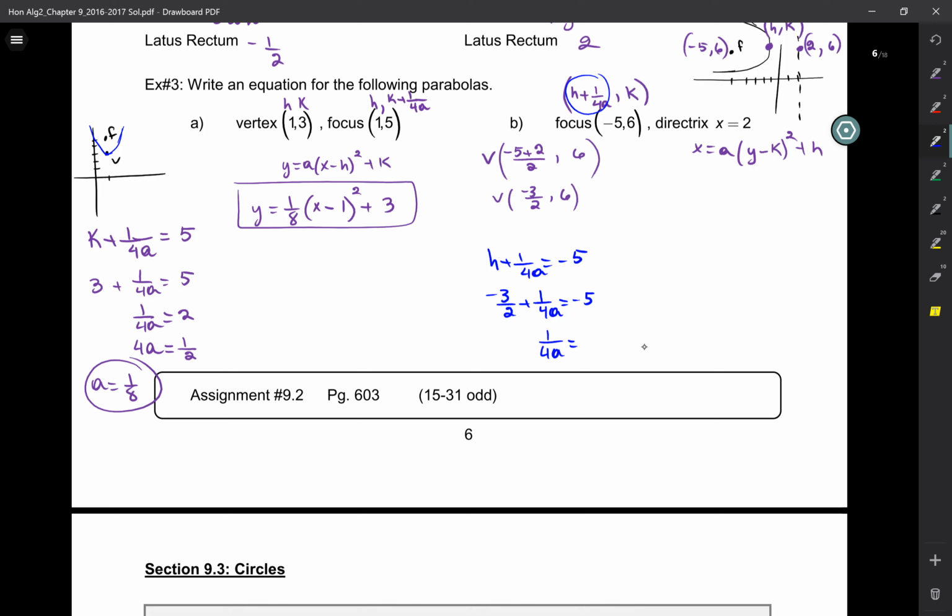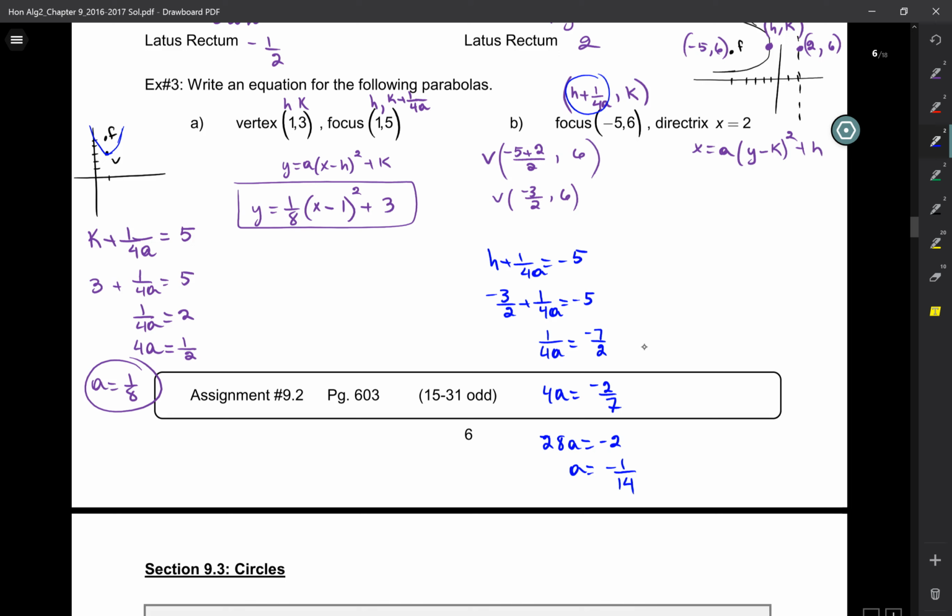How much is that? Is that negative 3.5? Is that right? Negative 5 plus 1.5 is negative 3.5, so negative 7 over 2. Okay, now, if 1 over 4a is negative 7 over 2, then what's 4a? If you flip the fraction, then 4a is negative 2 over 7. So 28a is equal to negative 2. A is equal to negative 1 over 14.